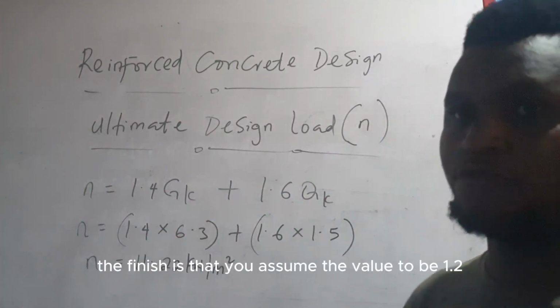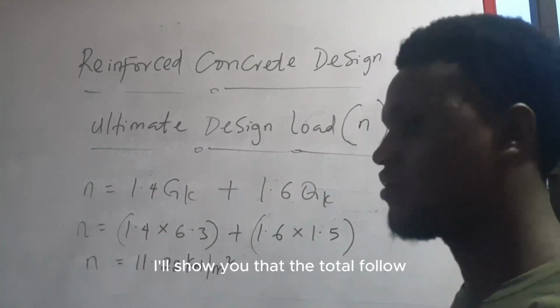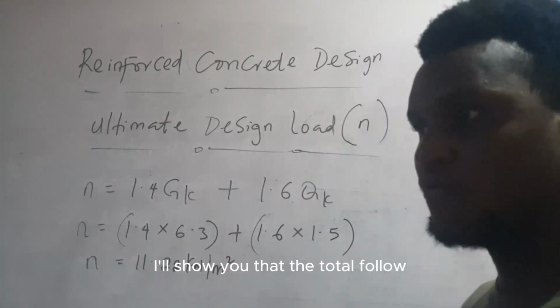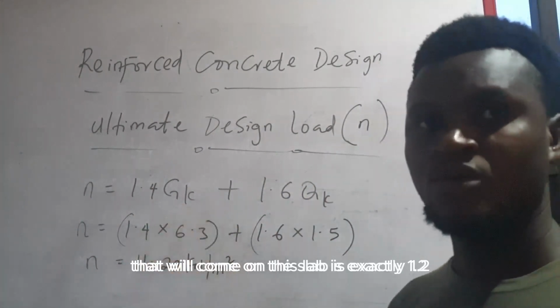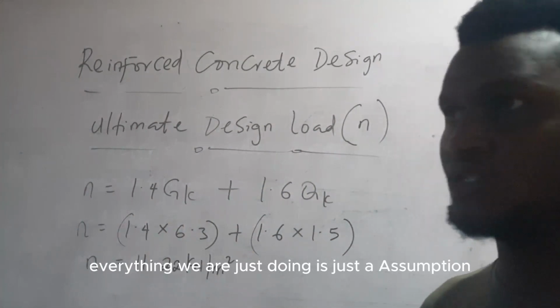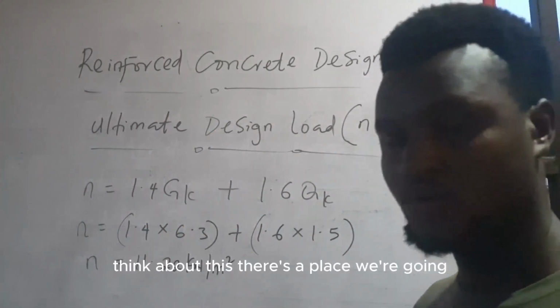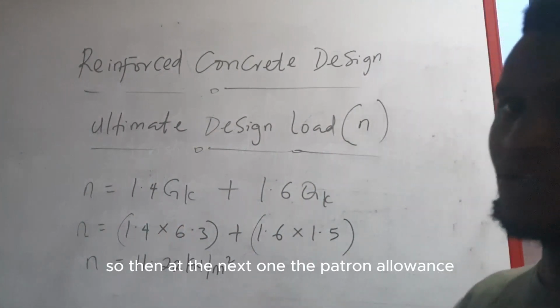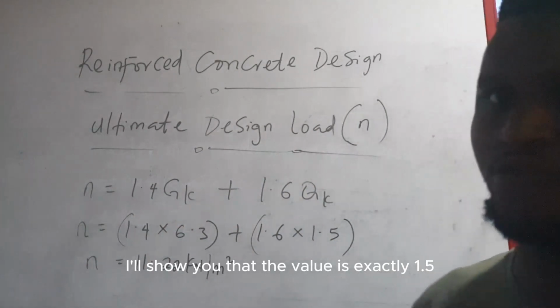Then secondly, the finishes that you assume the value to be 1.2. What if the total value of the finishes that will come on the slab is not exactly 1.2? Everything we are doing is just assumption. Then the next one, the partition allowance, we assumed the value to be 1.5.